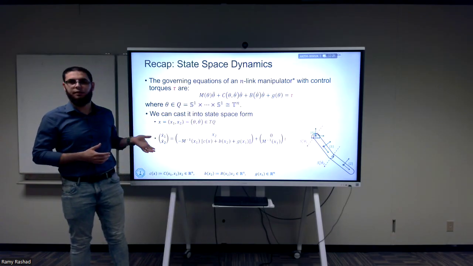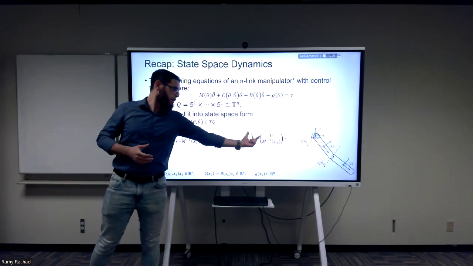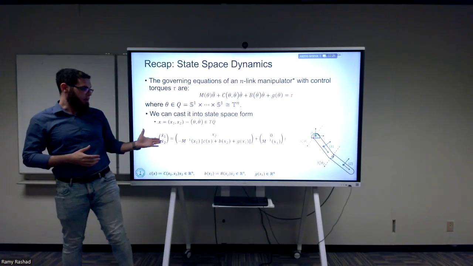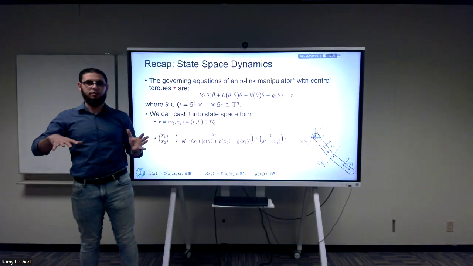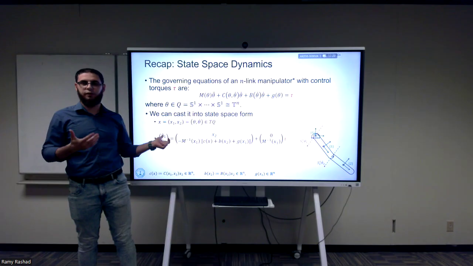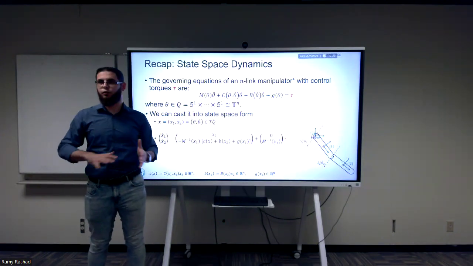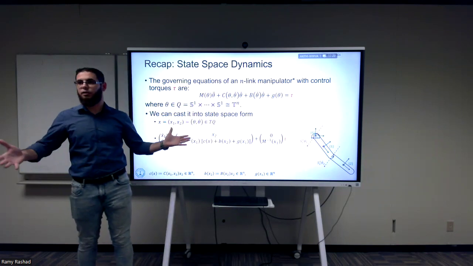The state space equation is given by this term, where we have the control torque being mapped to the system by this mapping g of x, and this is all the equations, the autonomous system, where everything relates the rate of change of x1 and x2 with the state x1 and x2. Okay, so if we don't have any control torques, the system is governed by this vector field on the state space.